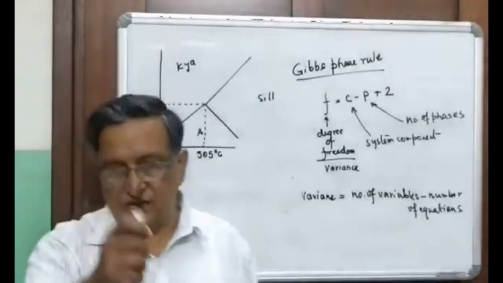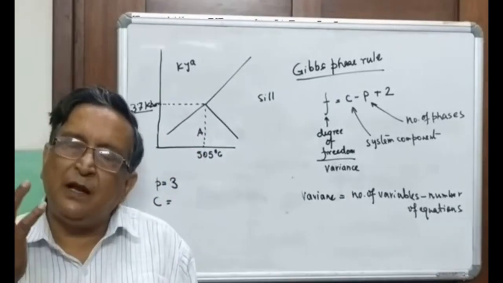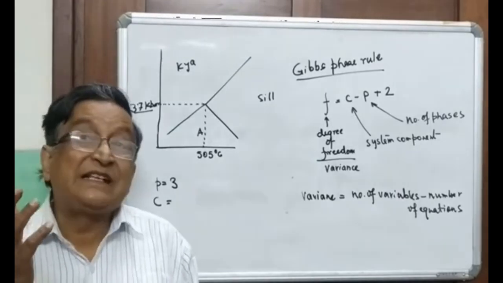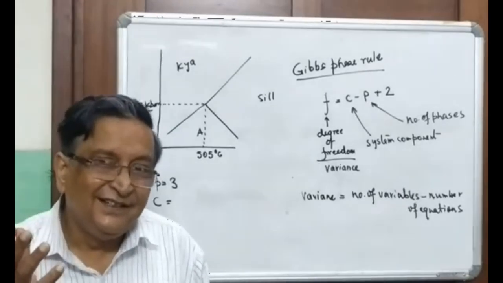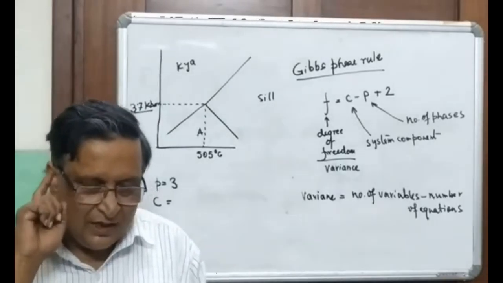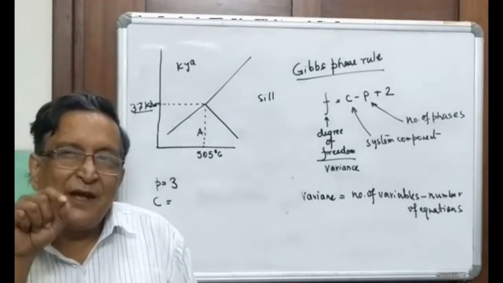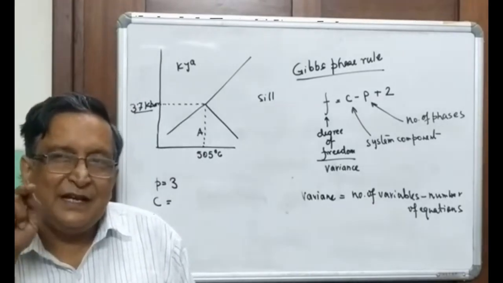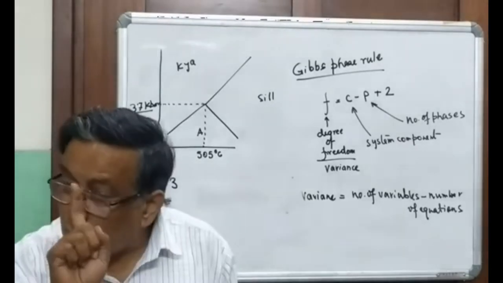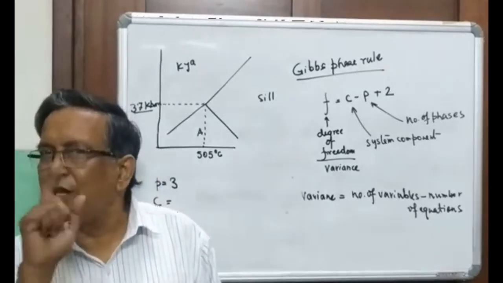But if he says, what is the variance of the triple point where sillimanite, kyanite and andalusite coexist? See, something is missing. He has not given you a crucial piece of information. He has not let out the composition.